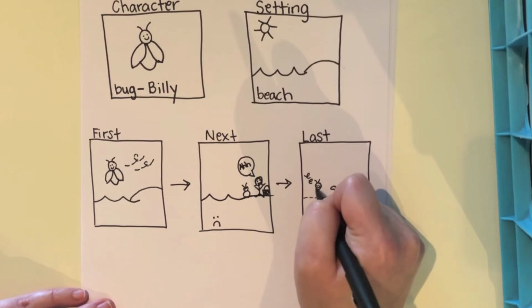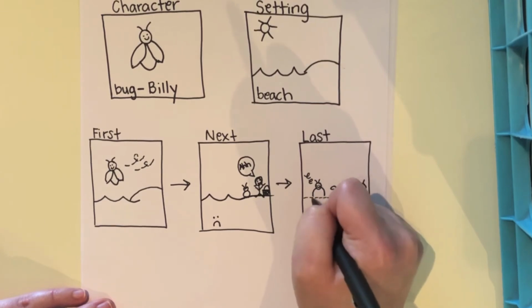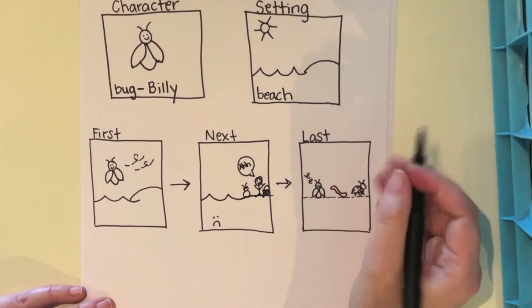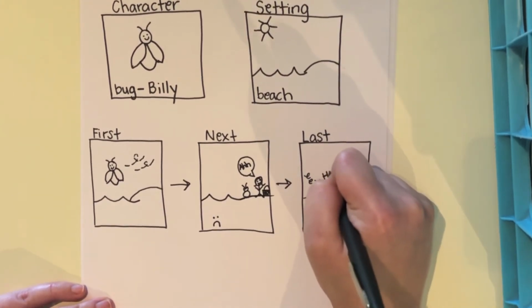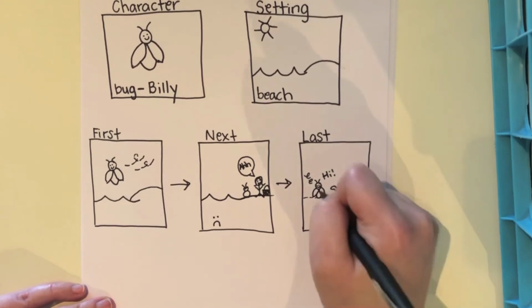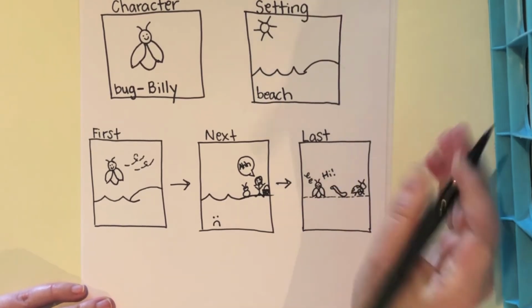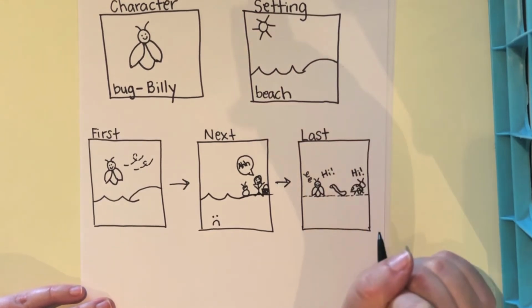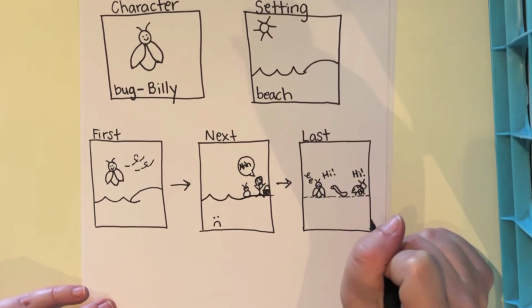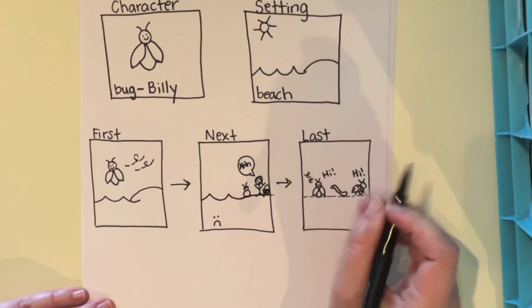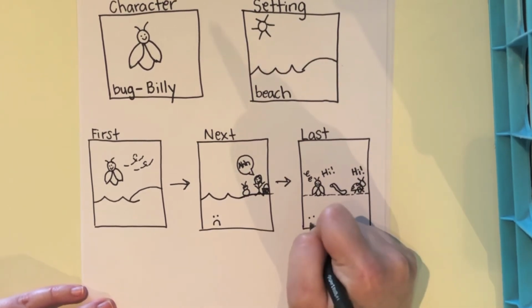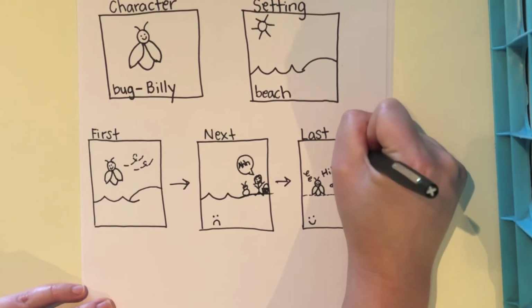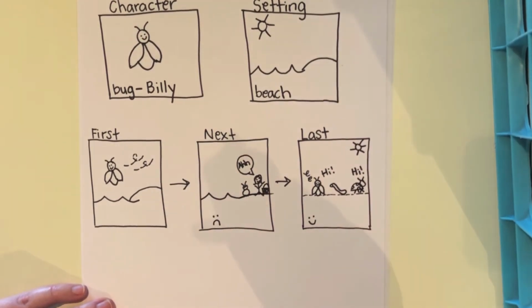Now remember, we don't have to have the perfect drawing right now. These are just writing down our ideas. So Billy says hi to the bugs. And then the bugs say hi back. And they decide, hey, why don't we all hang out together? And so then they play all day at the beach in the sun. And now Billy the bug is very happy.